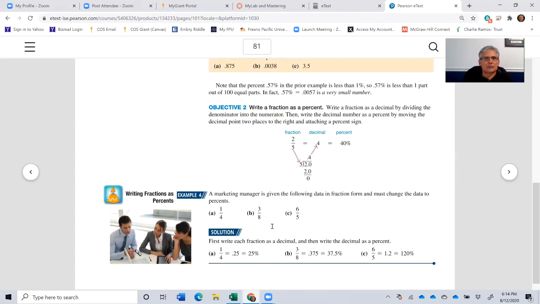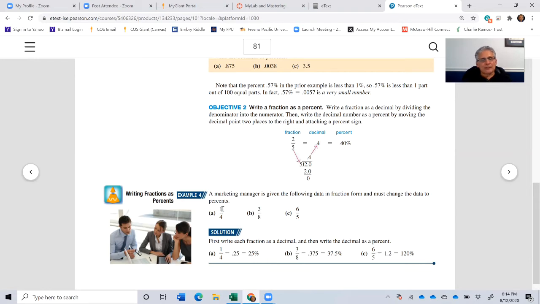Okay, example number 4. A marketing manager is given the following data in fraction form and must convert the data to percents. Well, this is going to require us to take 2 steps, because first, which we learned in a previous chapter, we're going to take the fraction and convert it to decimal form.